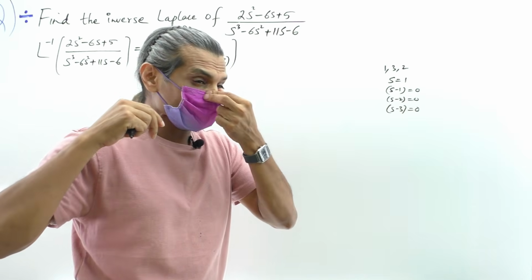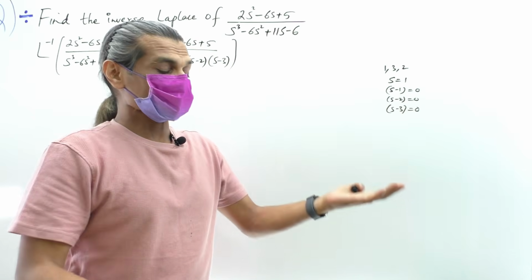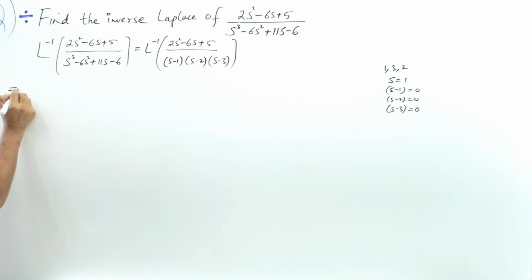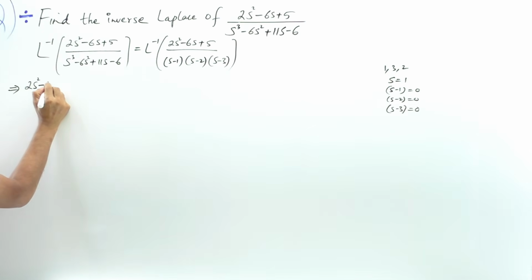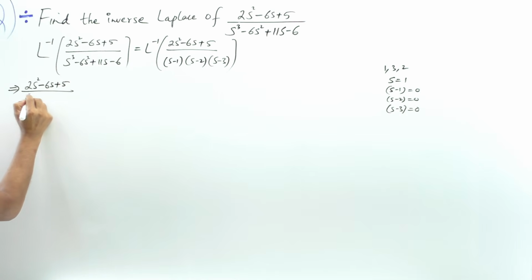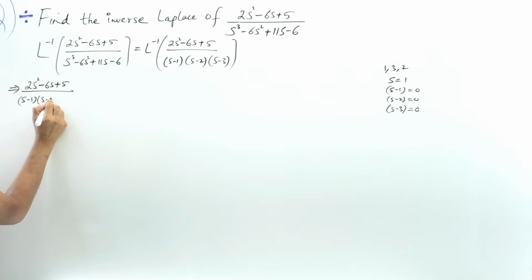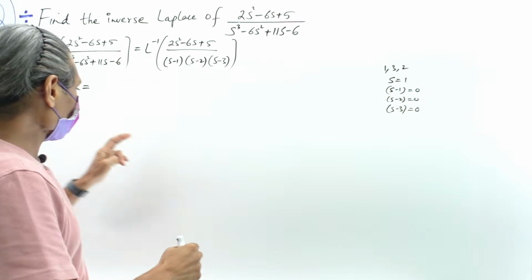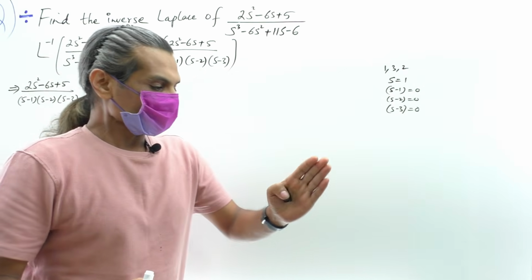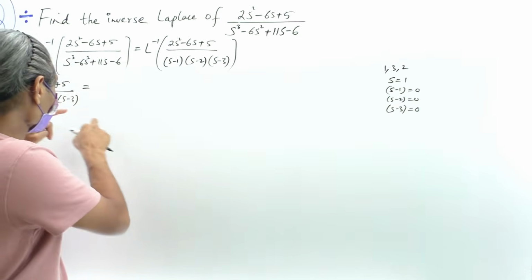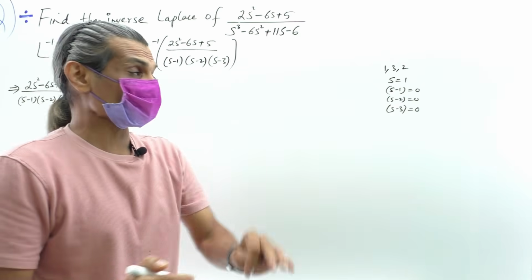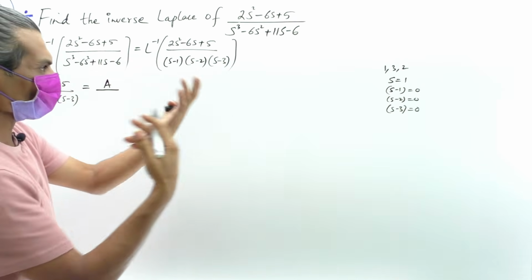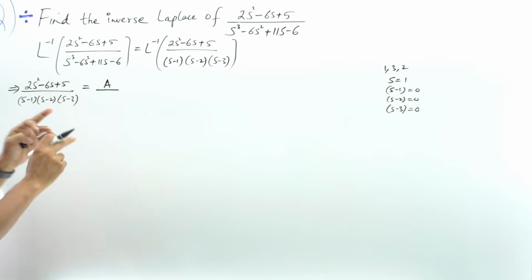You have been studying the partial fraction method for so many years. It's very easy. So we can write (2s² − 6s + 5) over (s − 1)(s − 2)(s − 3) as equal to, if the denominator has 3 different linear terms, then you take A, B, C. This is the simple partial fraction method for all different terms, so only see the denominator, not the numerator.